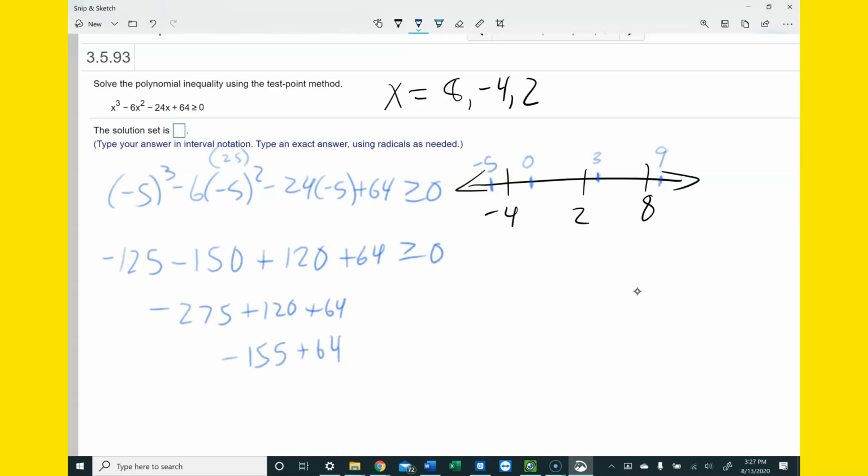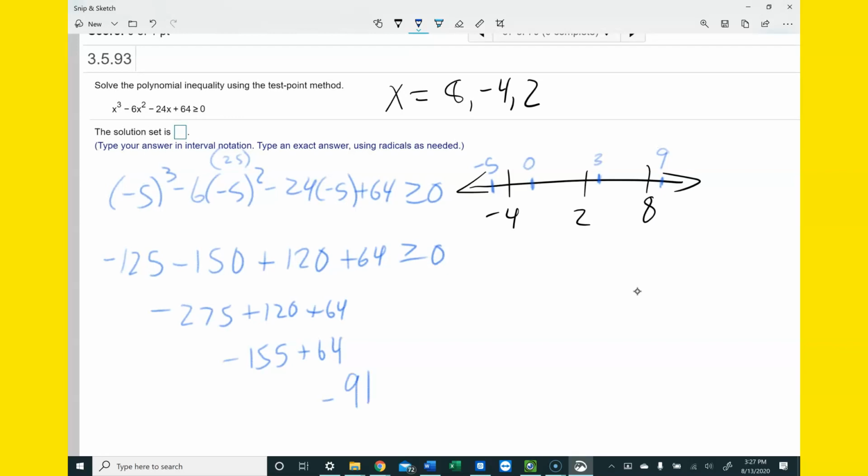That's going to be a negative number. -155 plus 64 is -91. I didn't really need to know it was -91, as long as I knew it was a negative number, I could answer the question. Is it greater than or equal to 0? It is not true. That means this is not part of the solution.